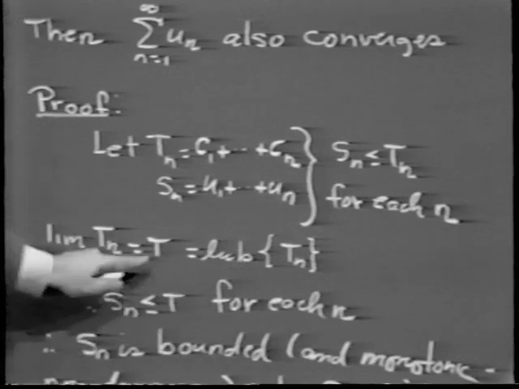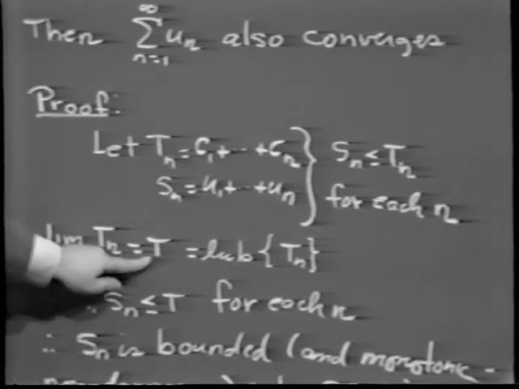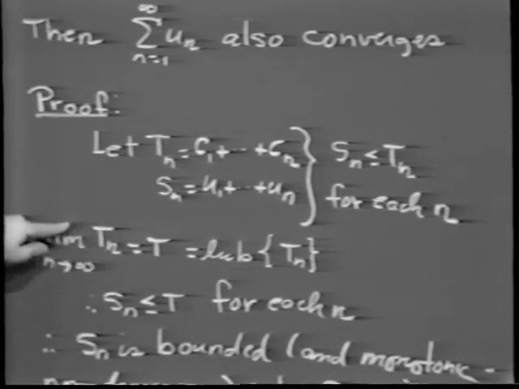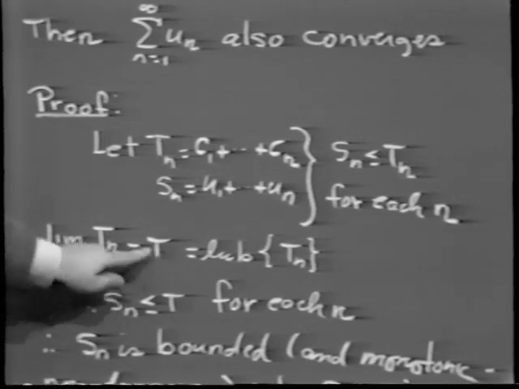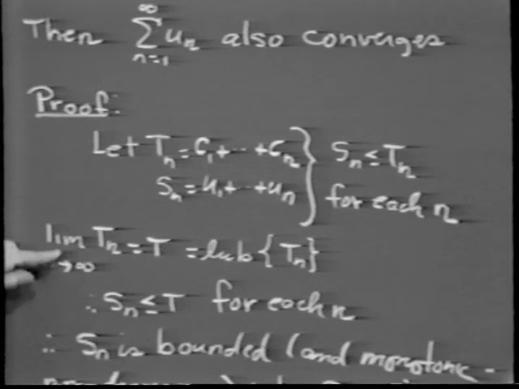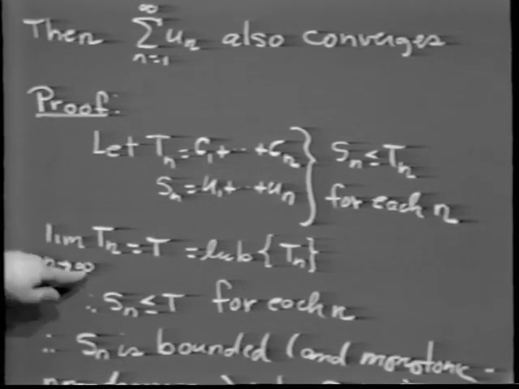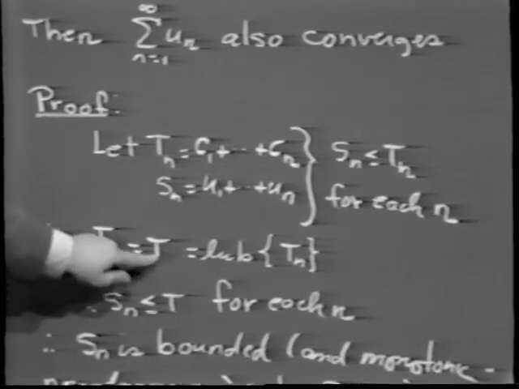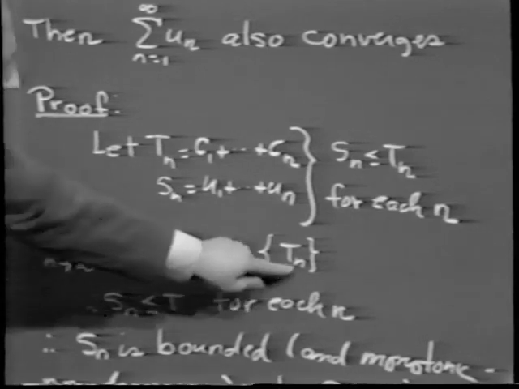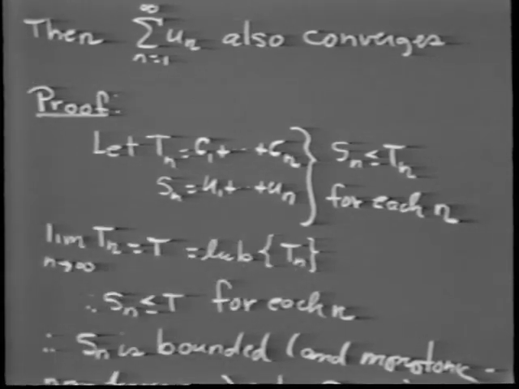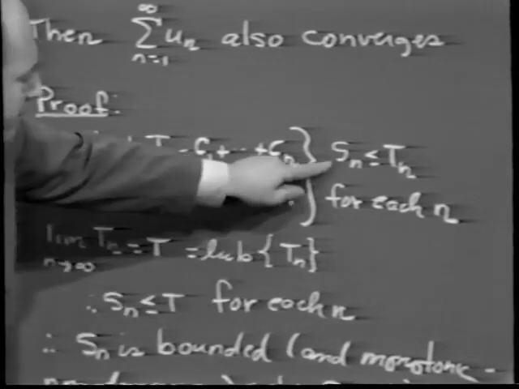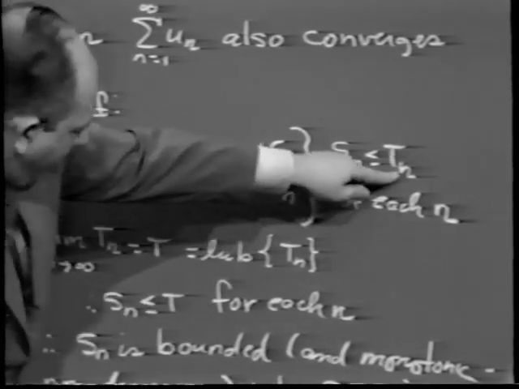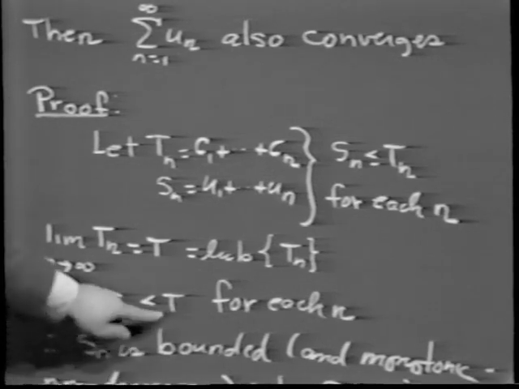Now, by our previous result, knowing that this series summation c sub n converges, it converges to its least upper bound of partial sums. In other words, the limit of t sub n as n approaches infinity is some number t, where t is the least upper bound of the sequence of partial sums of the series. Well, in particular then, since each s sub n is less than or equal to t sub n, s sub n itself certainly cannot exceed the least upper bound, namely t.